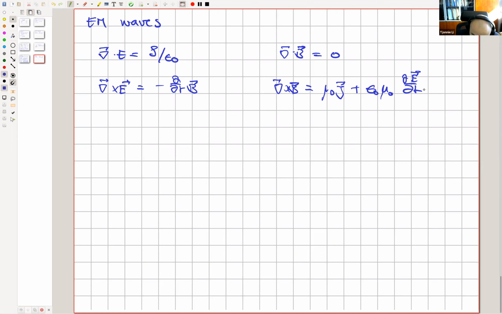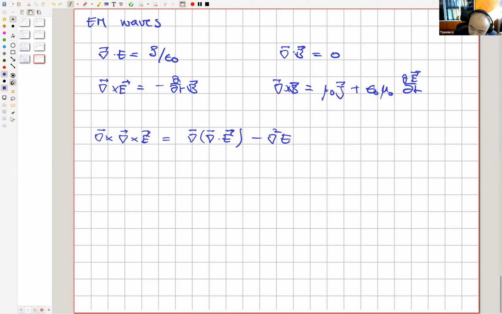So let's take a first step, and let's actually look at taking the curl of the curl of E. Now we can go back and think about the vector operator identities, which basically state that the curl of the curl is the gradient of the divergence minus the Laplacian.